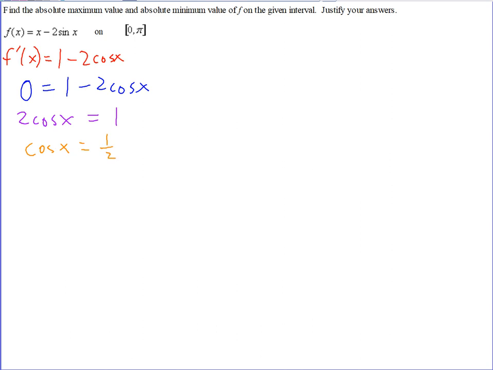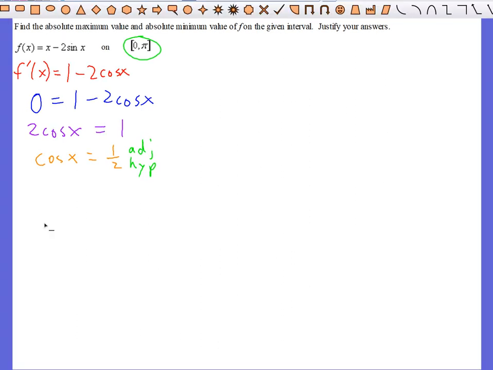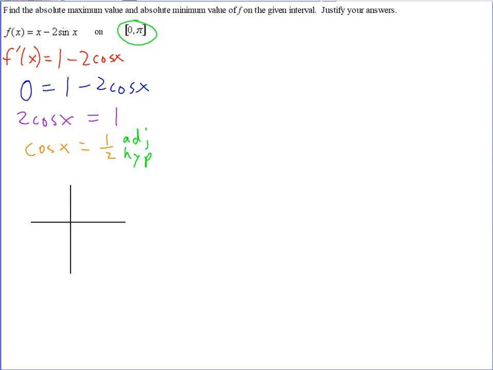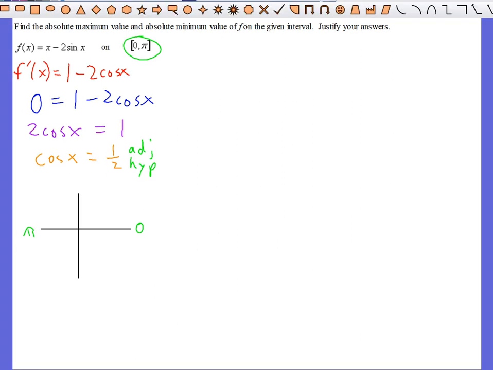Remember, we're just looking from 0 to pi here. And cosine, remember, is the adjacent over the hypotenuse. So if we look on the unit circle here, cosine is positive. Here's 0 right here, and here's pi. So the only quadrant where cosine is positive there is the first quadrant.